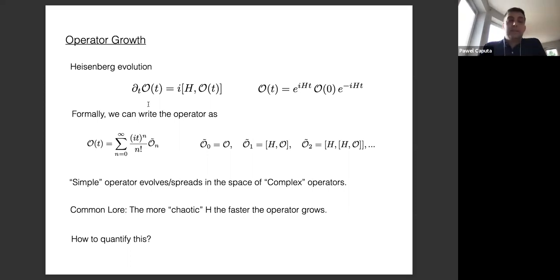And in some sense, the question I would like to understand better, or maybe a framework I would like to develop better, is basically how to quantify this law. How can we make precise this intuition, that for more complicated operators and Hamiltonians, the operator will spread faster in some sense? So that will be the theme of my talk.